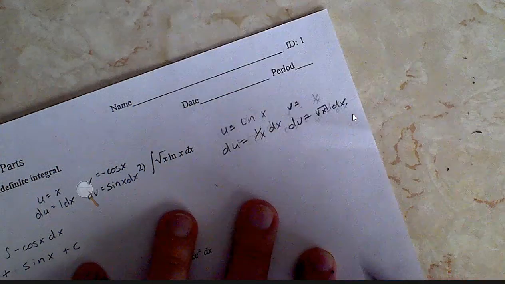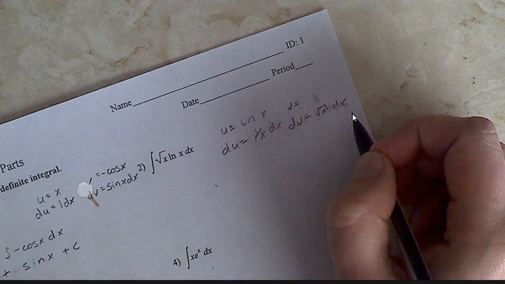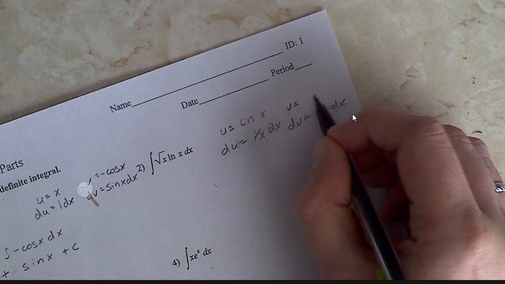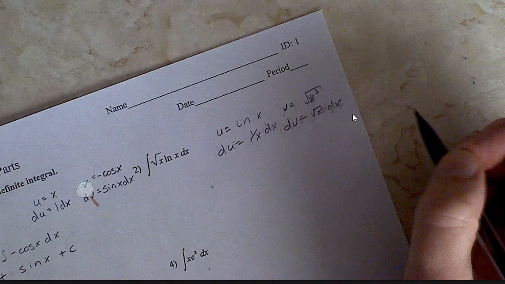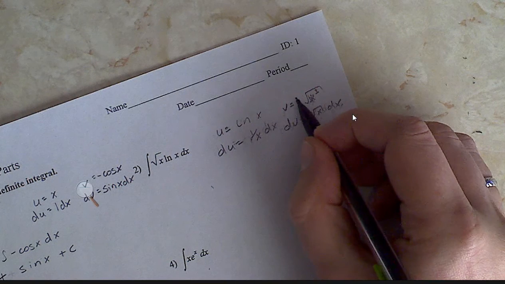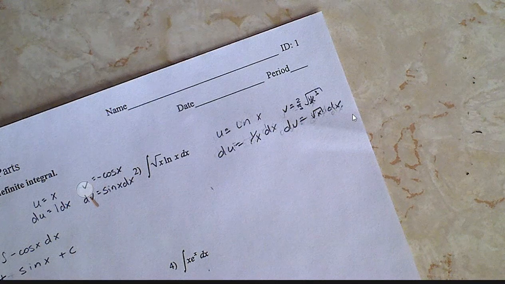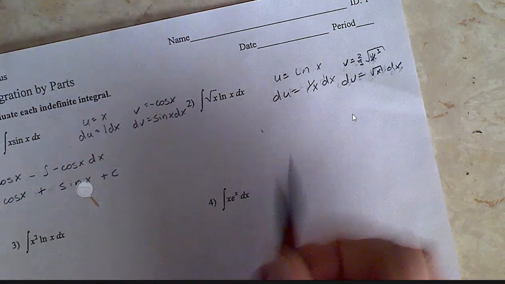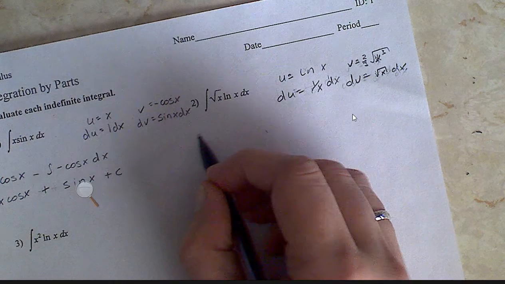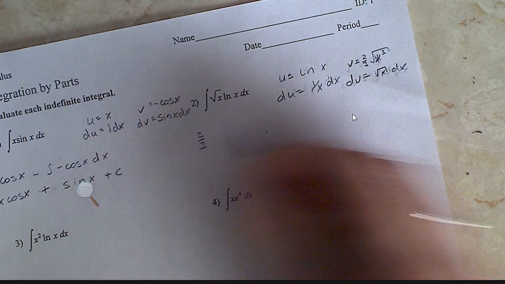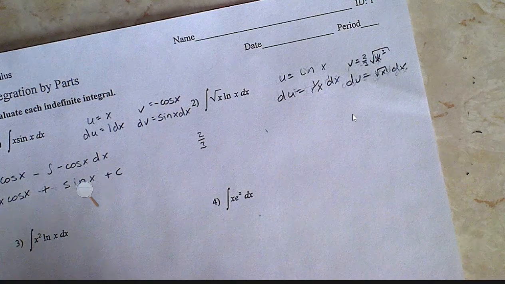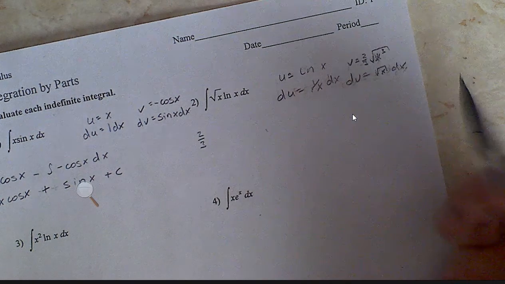Then v is 2/3 square root of x to the third, because if you take the derivative of this, it turns into square root x dx.